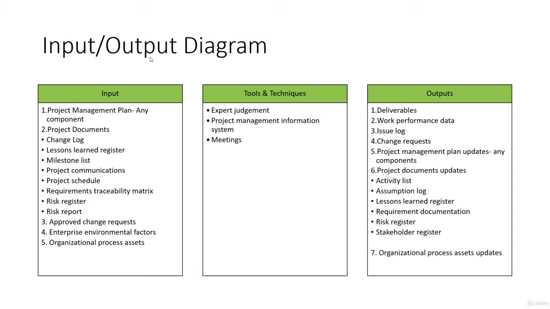Then we have the milestone list, project communication, schedule, our requirement traceability matrix, which is coming from the business analysis or whoever is working on the requirements, risk register, risk report, and all that data. And of course, environmental factors and the organizational process assets. All of that is part of your input here.